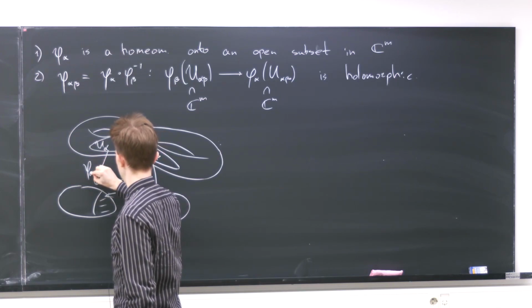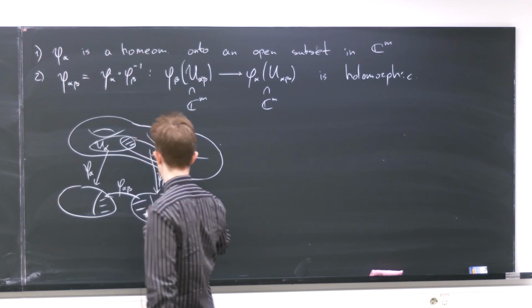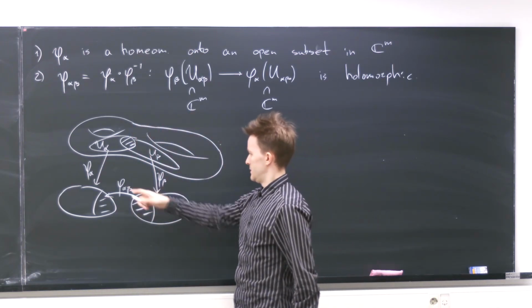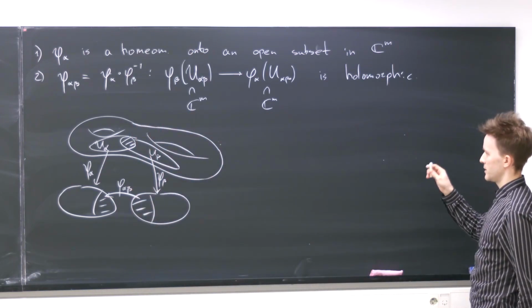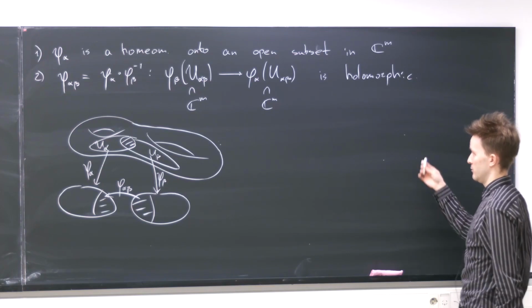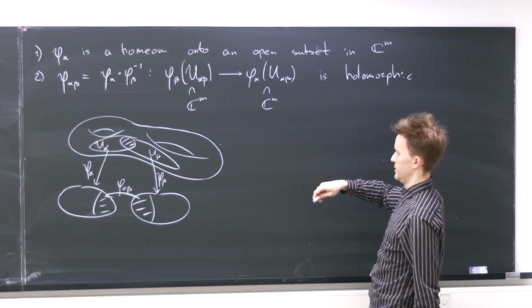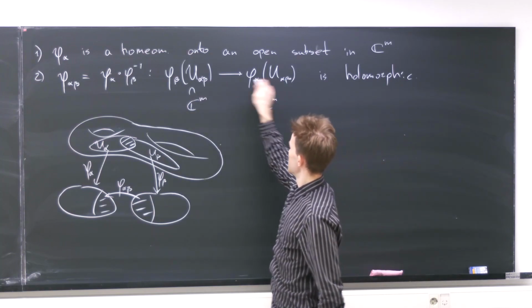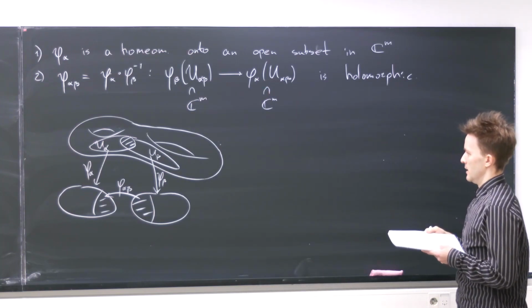So this is phi alpha, this is phi beta, and this should be a holomorphic map, and actually a holomorphic isomorphism between these two subsets in C^m.